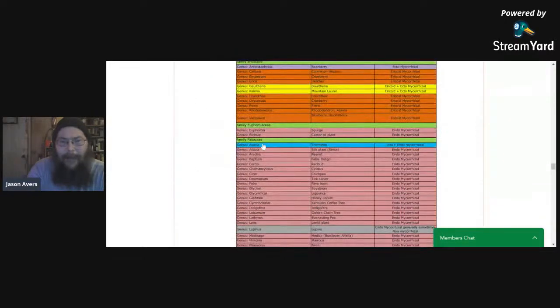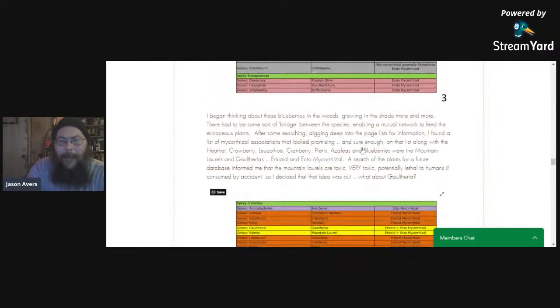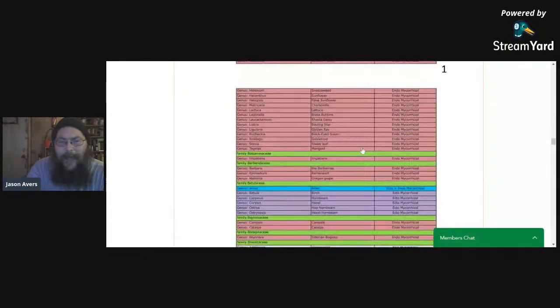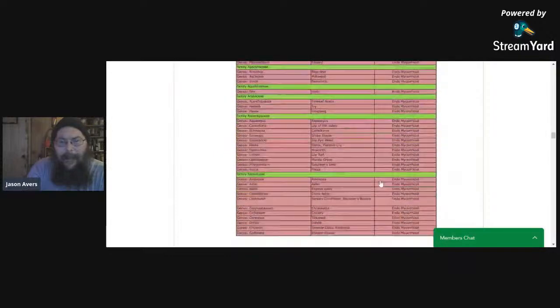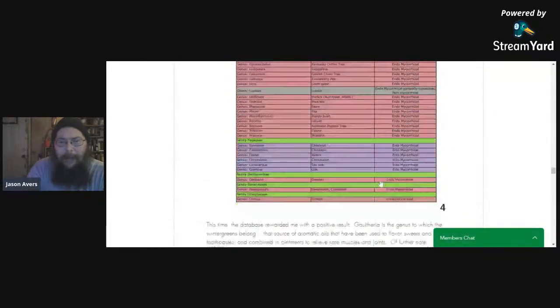Okay, I told you the blue ones were special. Blue ones are ecto and endo, or arbuscular mycorrhizal both. So these would be trees that could stand in between those two. Here we have Alnus, alder trees, also endo and ecto, and it's further down.